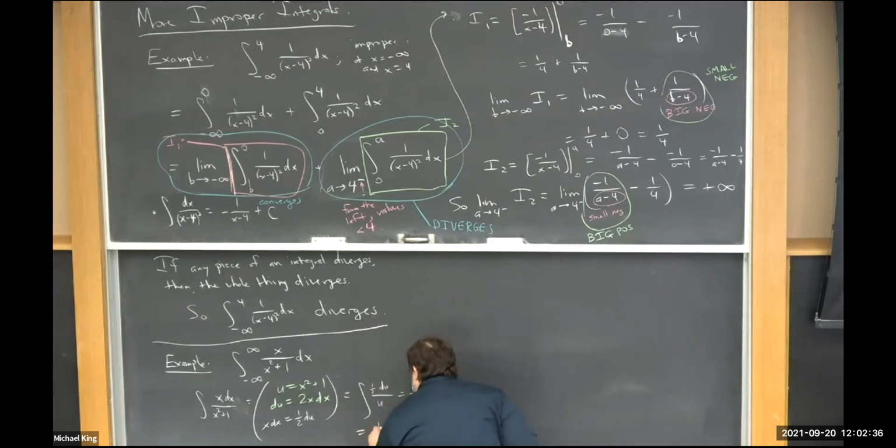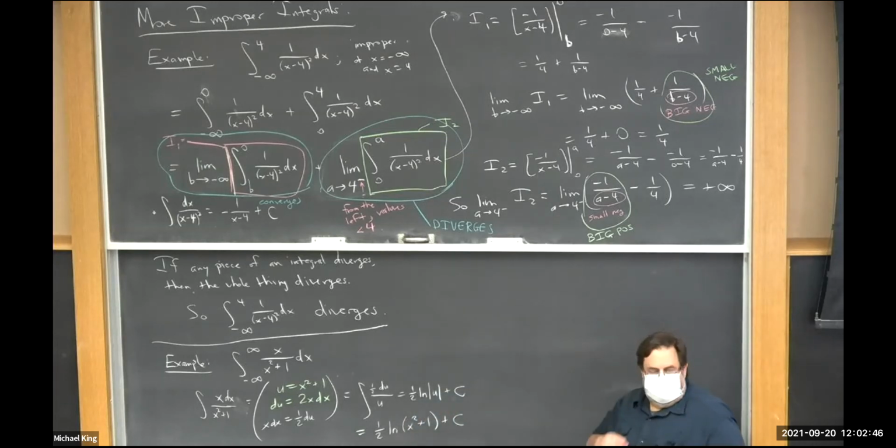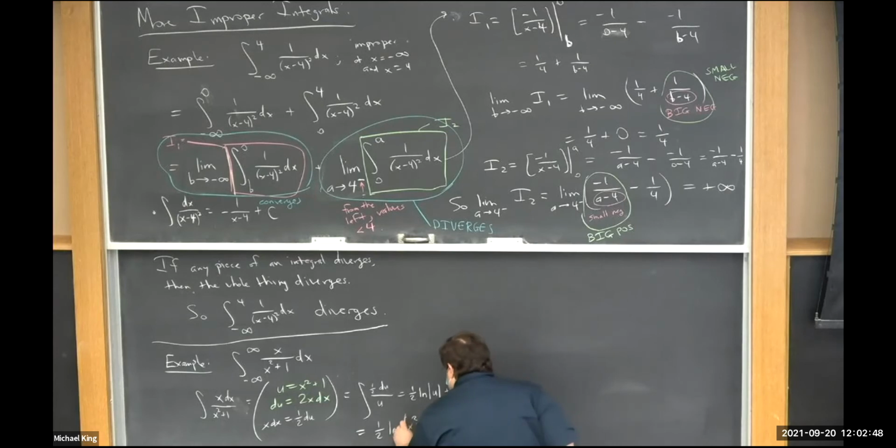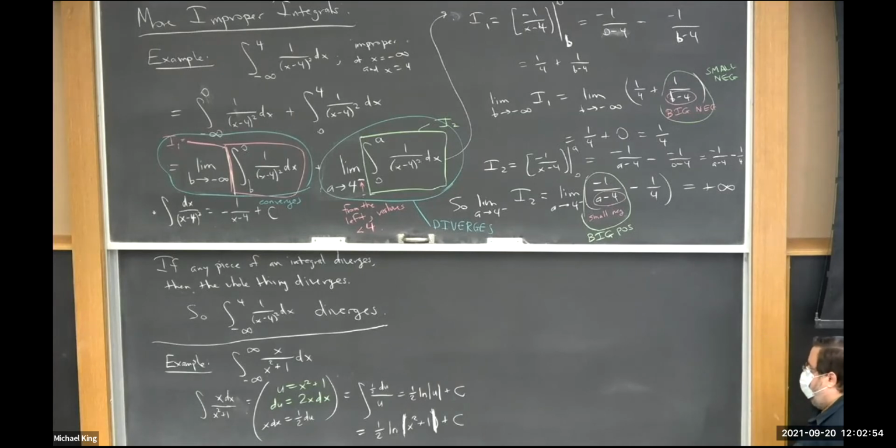Actually, it doesn't really matter because the x squared plus 1 is always positive, so it doesn't matter whether I put the absolute value there or not. Okay, so that is the indefinite integral.